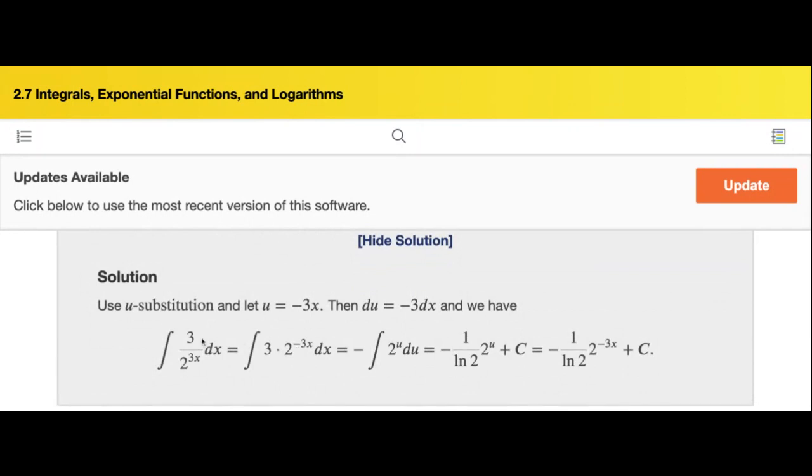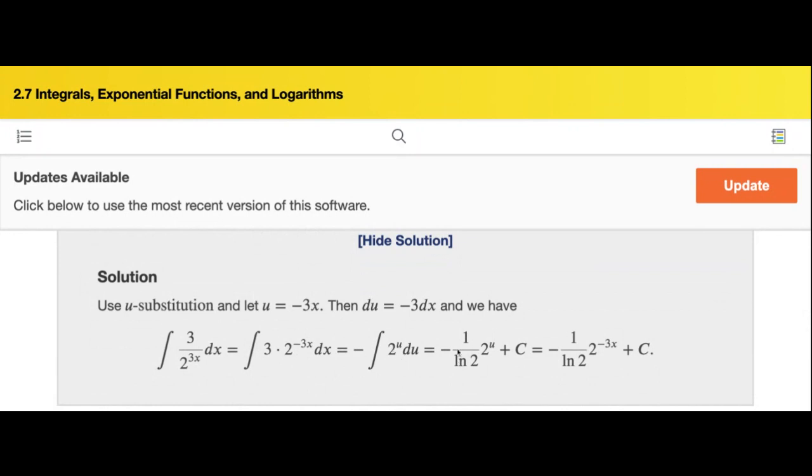So we substitute, we get negative, so 1 over 2 raised to 3x now becomes 2 raised to negative 3x. It becomes 2 raised to u, right? So we get negative 2 raised to u du. Anti-differentiate 2 raised to u, we get 1 over ln 2, because the base is 2.